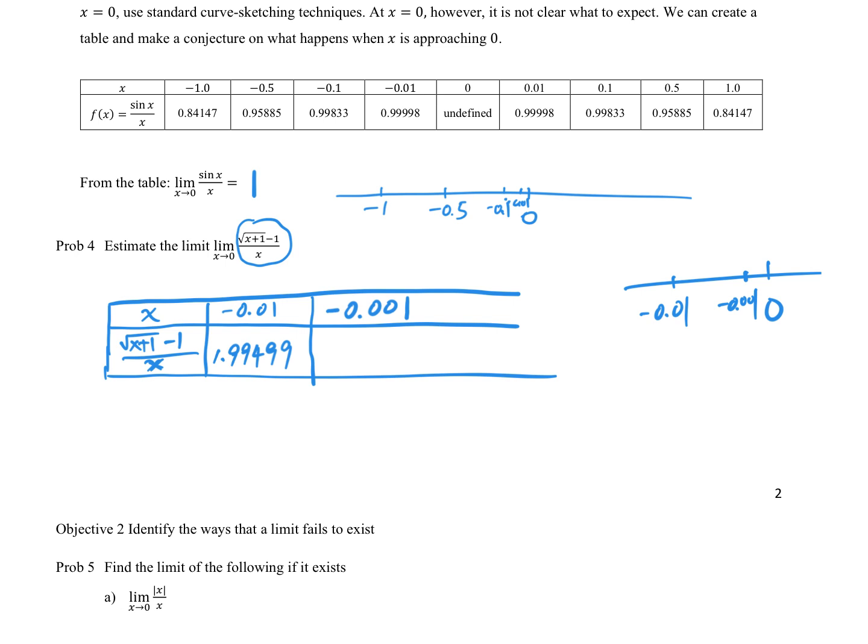Plug this x value into this function, use your calculator to evaluate it, and this is what I got: 1.99950, of course with more decimals there. Now make another one.